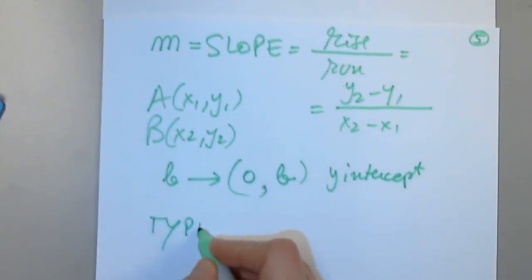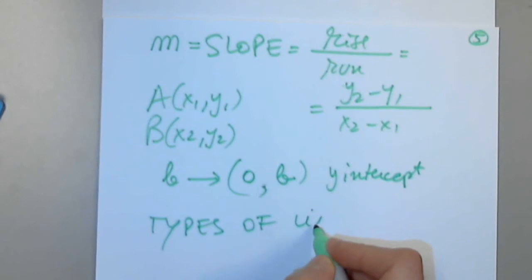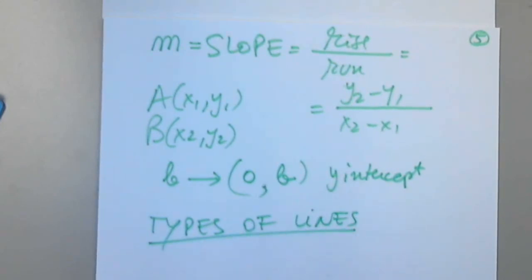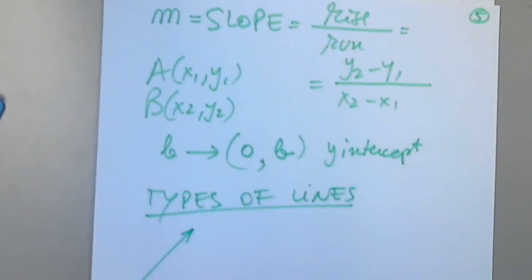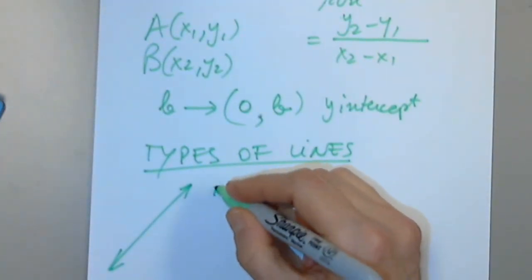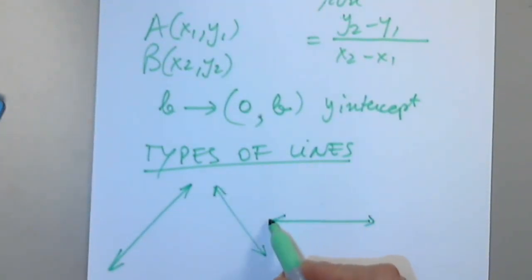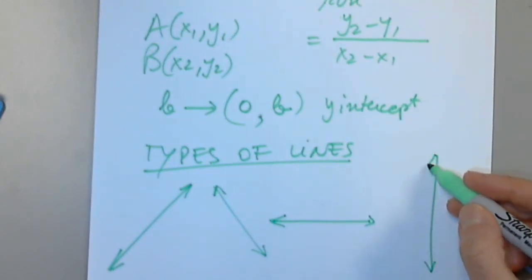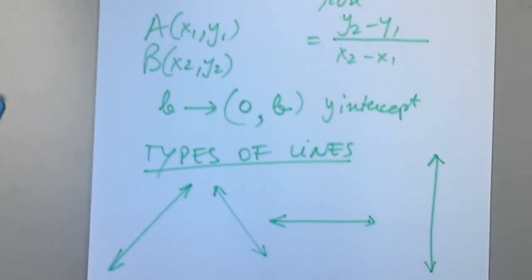Types of lines. 4 different types of lines. This is one. This is the other. This is the third. And this is the fourth. Well, types of lines when it comes to slope, basically.